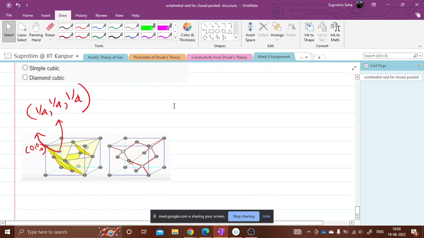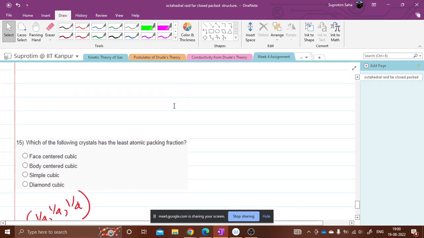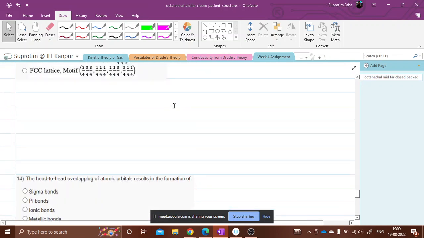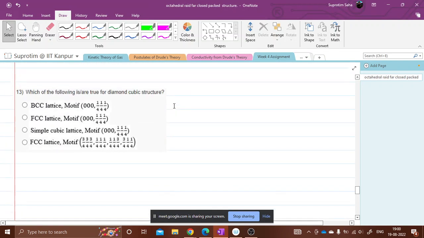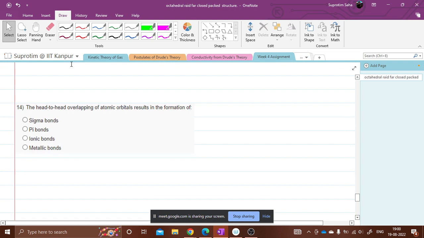If you point out the origin, you can draw a face centered cubic structure and also the tetrahedral voids, for the sp3 hybridized diamond cubic structure. So the correct answer is FCC lattice with motif at 0, 0, 0 and 1/4, 1/4, 1/4.